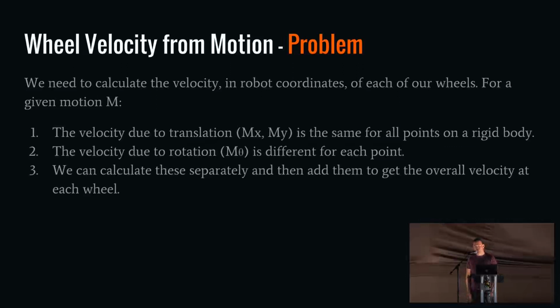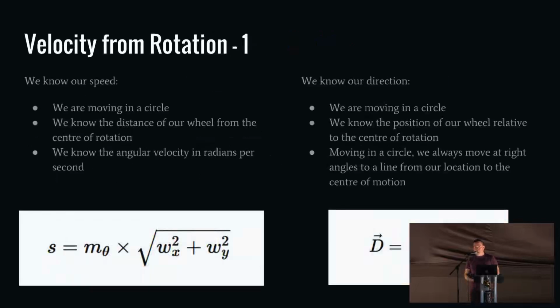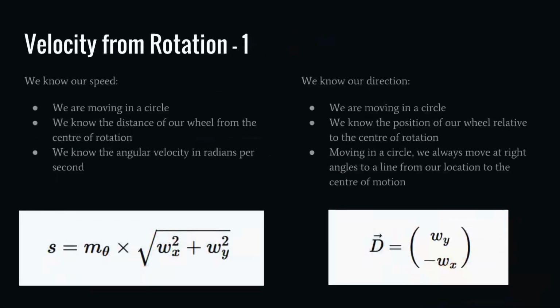So now we have some maths. So how do we work out velocity for rotation? Well, we know we are moving in a circle because we're spinning around our center point. It doesn't matter that center point might also be moving. All we care about is the relative motion. We know the distance the wheel is from the center of rotation because we've already defined that because we know where our wheel is, so we can find that easily enough.